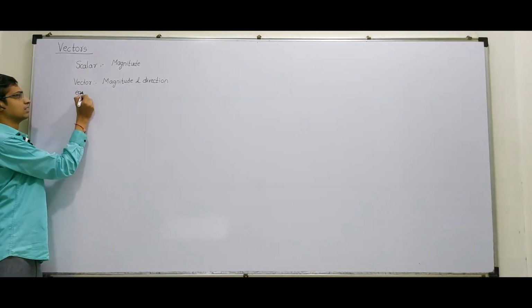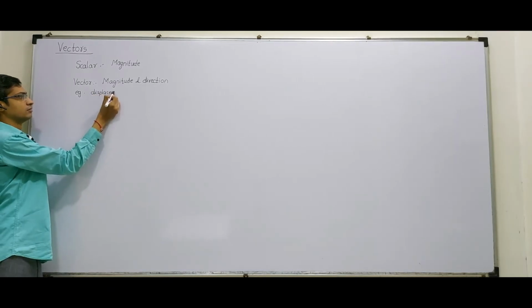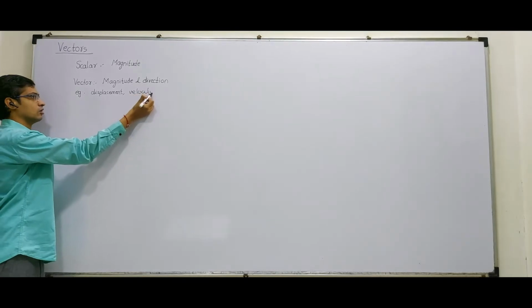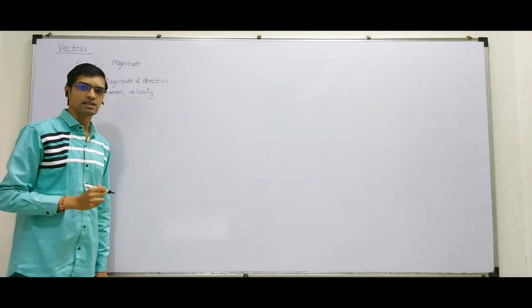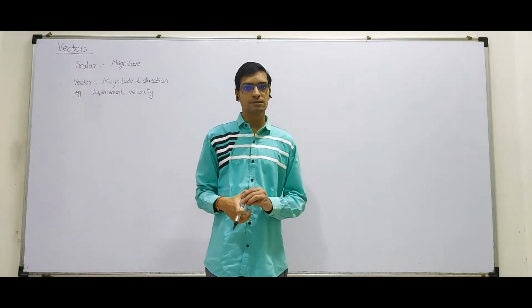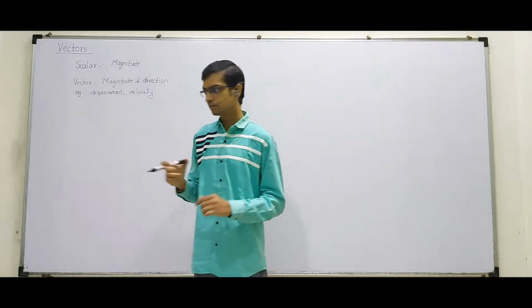Example, you can take displacement, then velocity, and many more. So quantities which require specific direction as well as magnitude are called vectors. Similarly, in mathematics also we have the same vector.